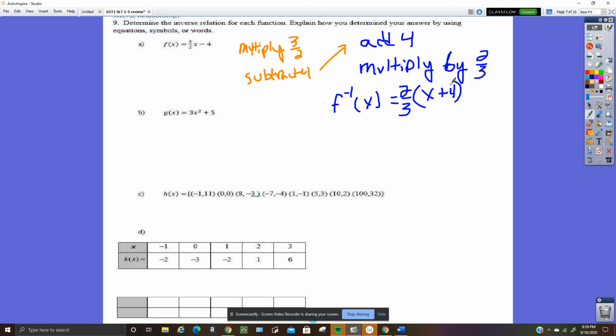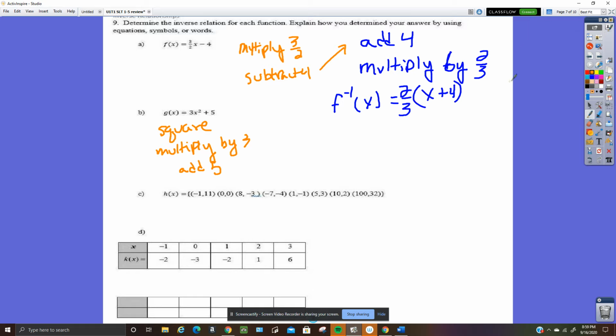All right, so this one, if I do the do and undo table, the first thing would be square, and then multiply by 3, and add 5.